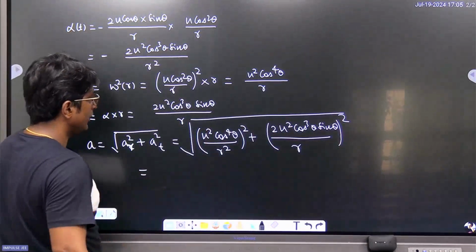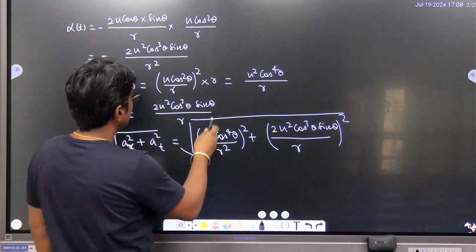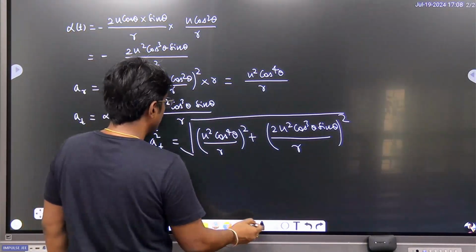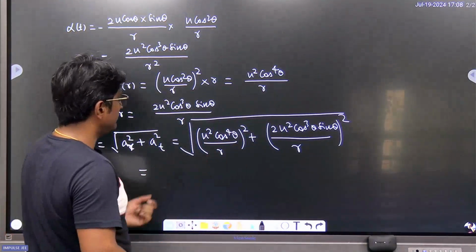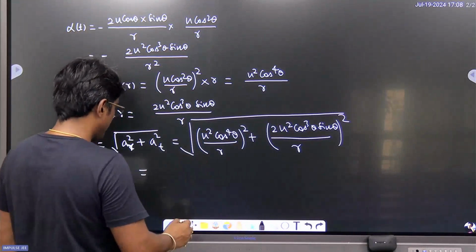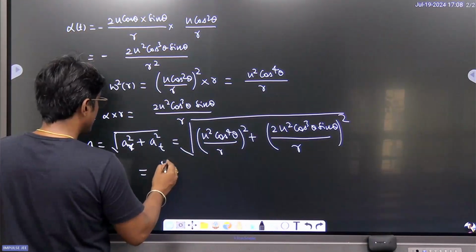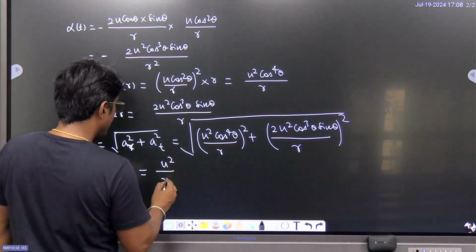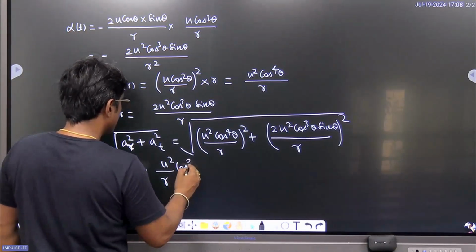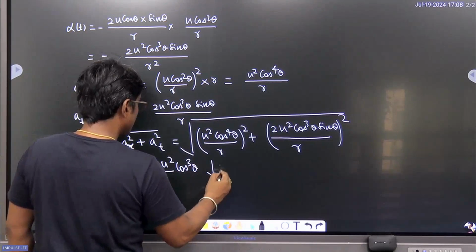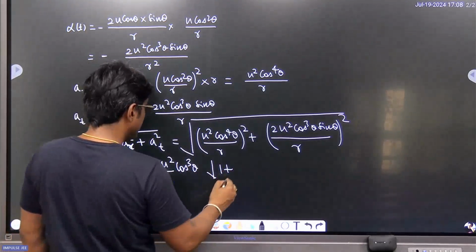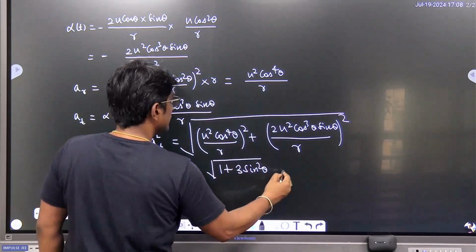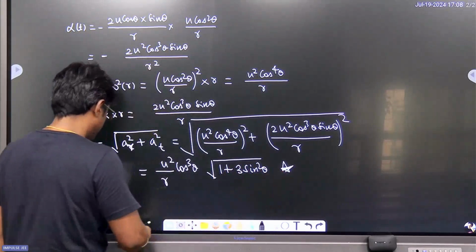Now we can take the common terms outside of this square root, and we can write this as u square by r cos cube theta times square root of 1 plus 3 sin square theta. This is the required result.